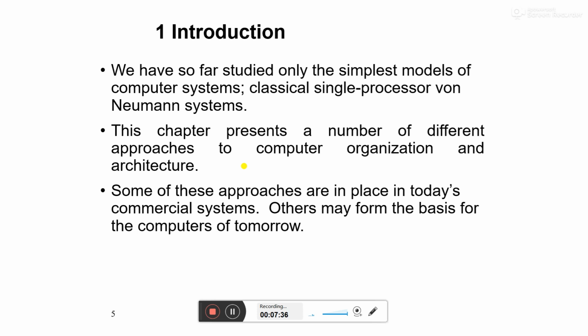Some of these approaches are in place in today's commercial systems, and others may be the basis of the computers of tomorrow.